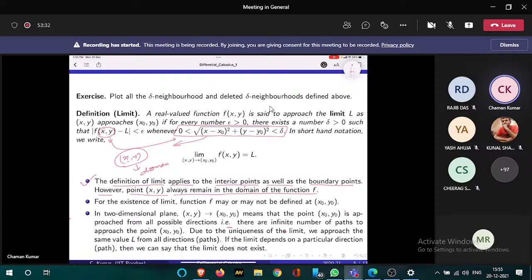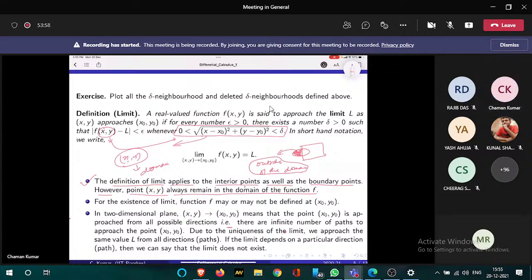If the domain of the function is, let's say, this one, then you cannot create a neighborhood like this because these points are outside of the domain. And if it is outside of the domain, then the function is not defined on those points.